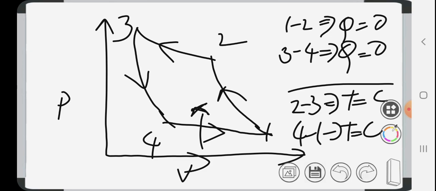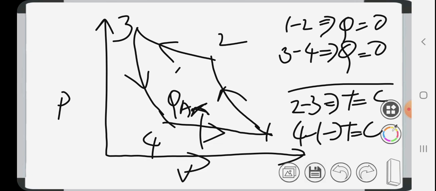Air expands when it absorbs heat from a space. So here in 4 to 1, Q refrigeration takes place. Q refrigeration means it extracts heat from the space to be cooled. So air absorbs heat from the space, that is Q absorption, QA.